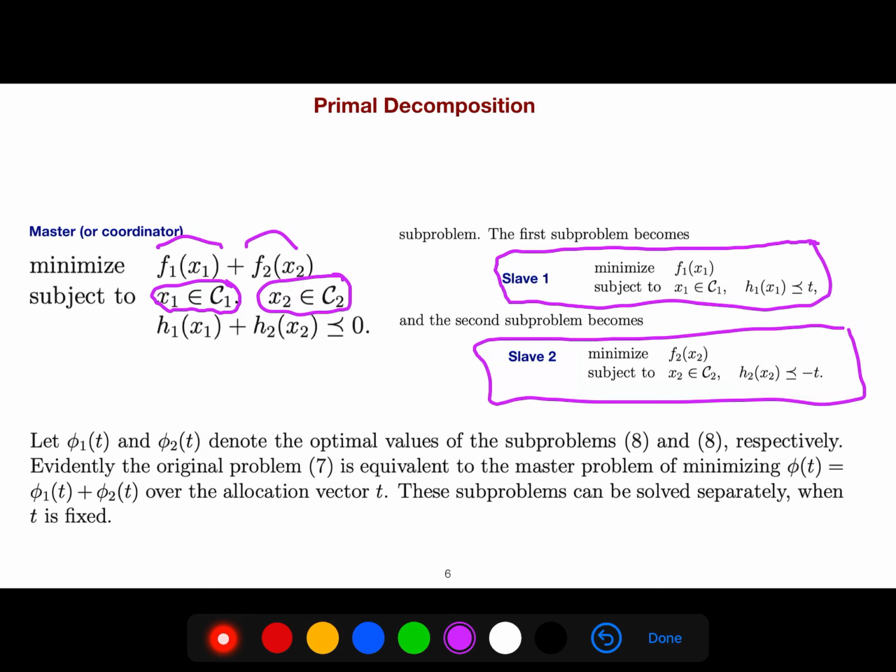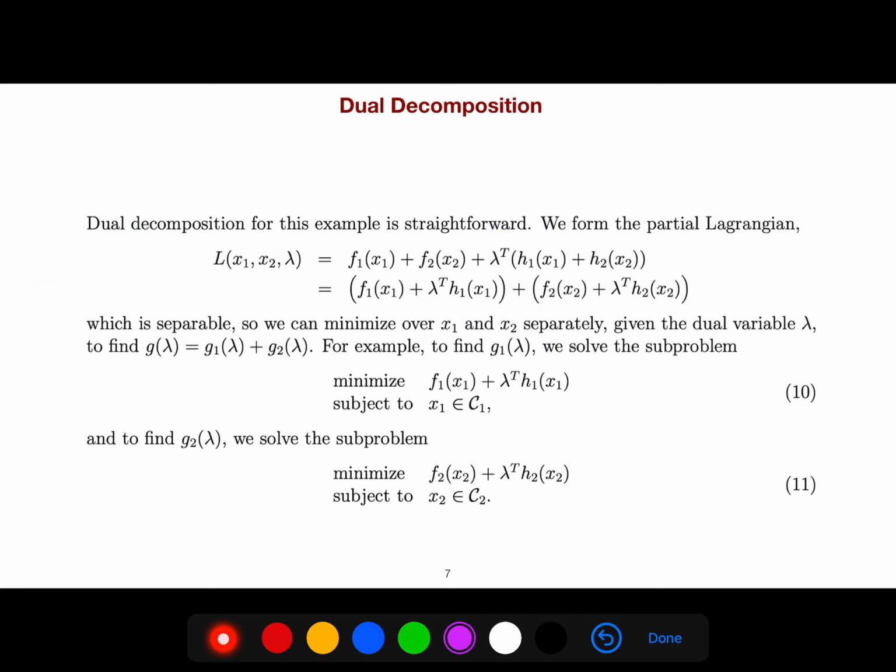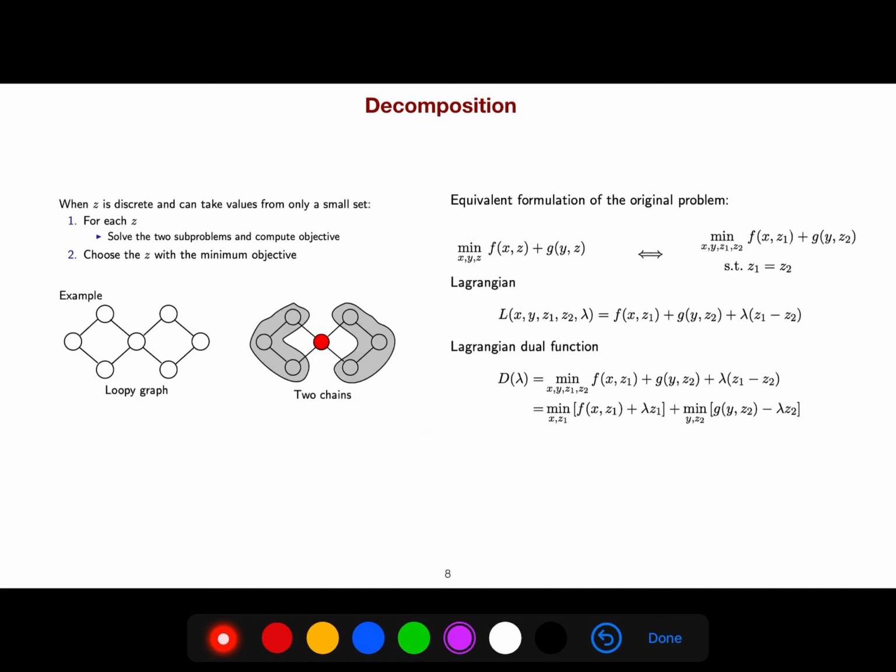And this is the master that knows that they should be added together. And so the dual decomposition of this could be written with these constraints. So Lagrange multiplier, this is the summation of the two functions. And we can solve the first subproblem and also the second subproblem.